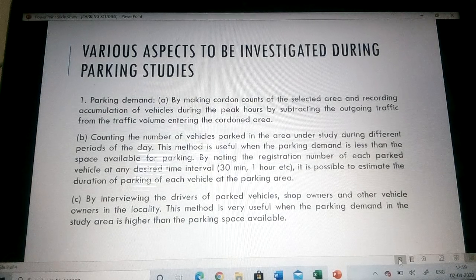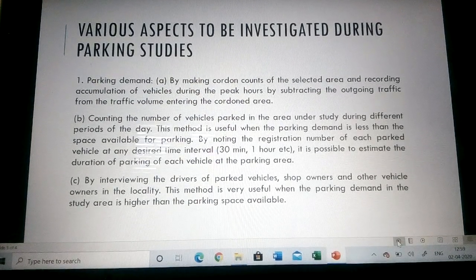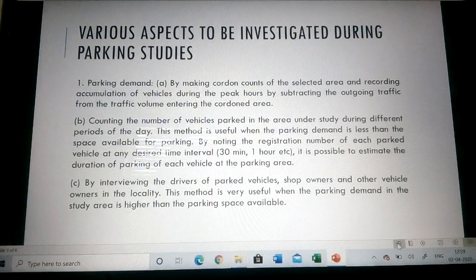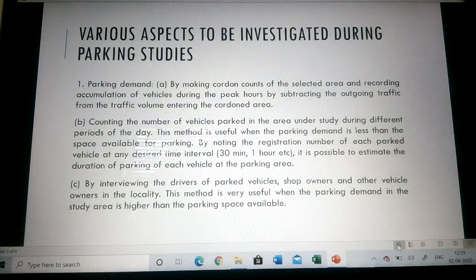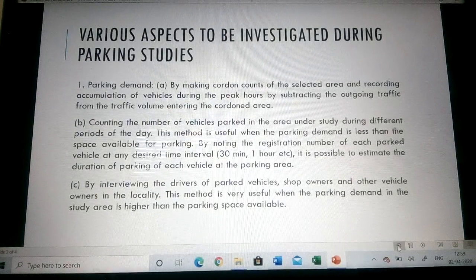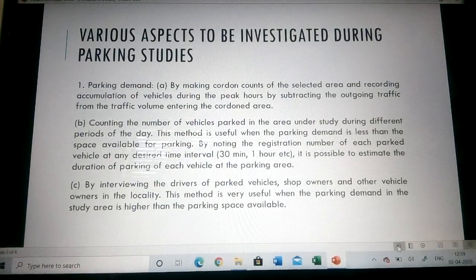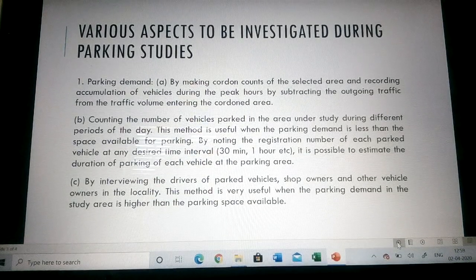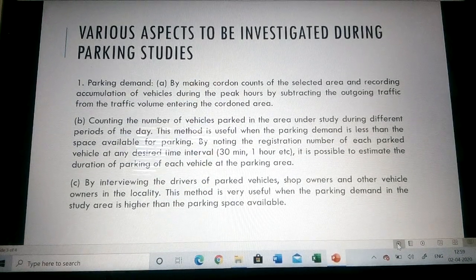Now this method is useful when the parking demand is less than the space available for parking. By noting the registration number of each parked vehicle at any desired time interval, 30 minutes or 1 hour depending upon convenience, it is possible to estimate the duration of parking of each vehicle at the parking area.